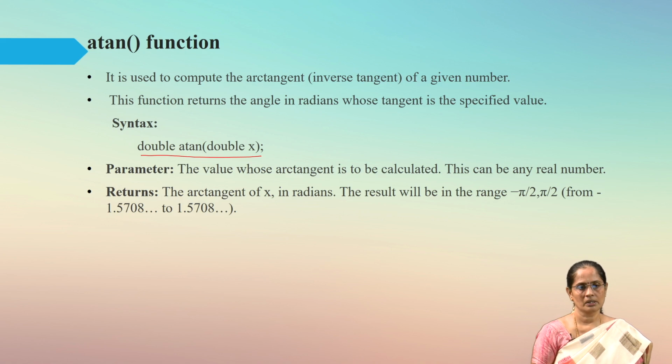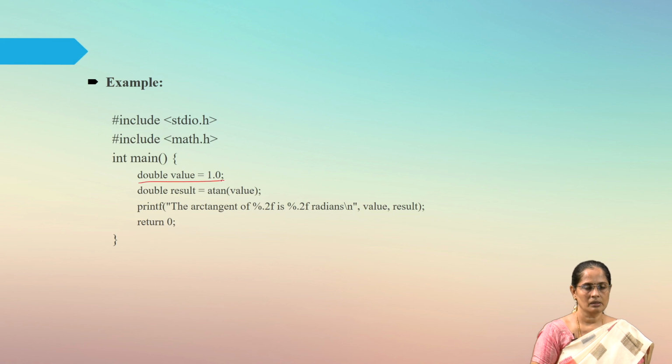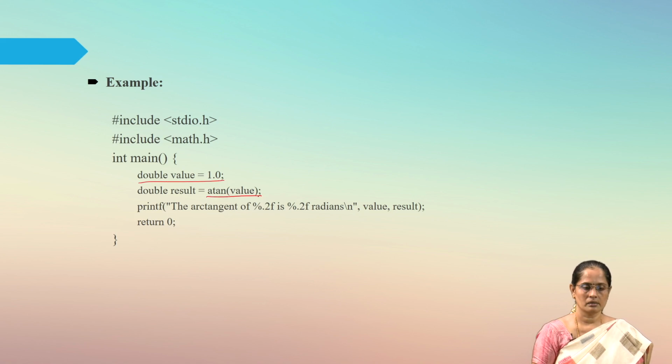The result will be the arctangent of x in radians, which will be in the range minus pi by 2 to pi by 2. This is the way it can be used in a program. Define a double type variable and give that as input to the atan function, which will result in the inverse of the tan, or the arctangent function.